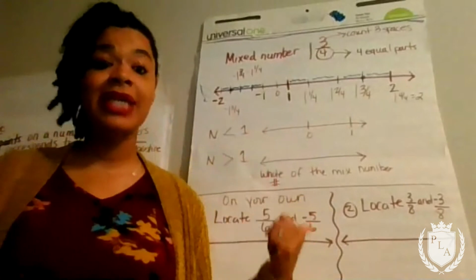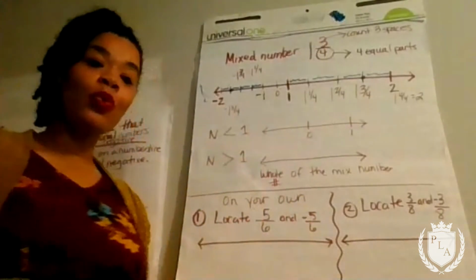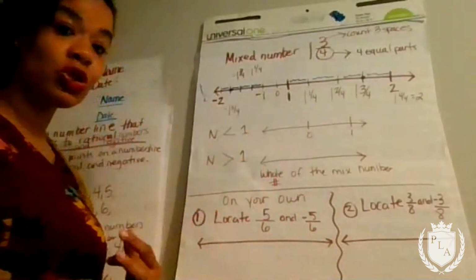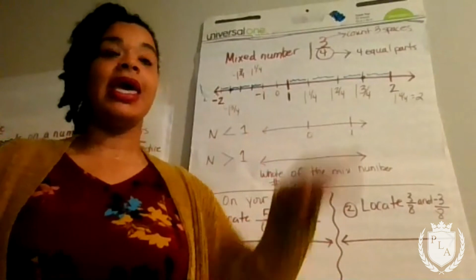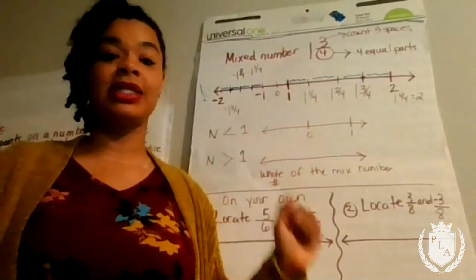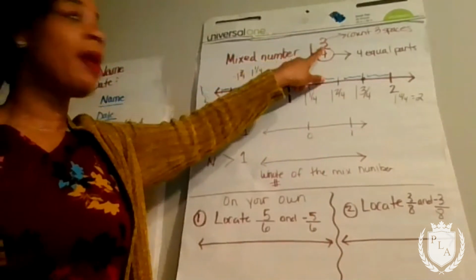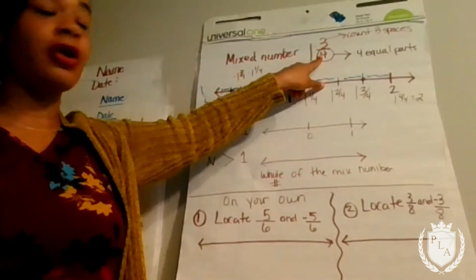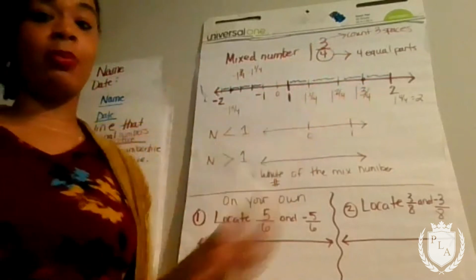We just did it together. Y'all did an awesome job. So remember, a rational number is a number that can be written as a fraction. It has a numerator and it has a denominator. Please pay close attention to the numerator and the denominator, because it tells us how to create our number line.